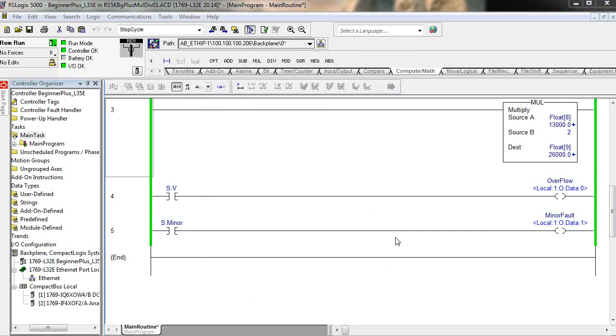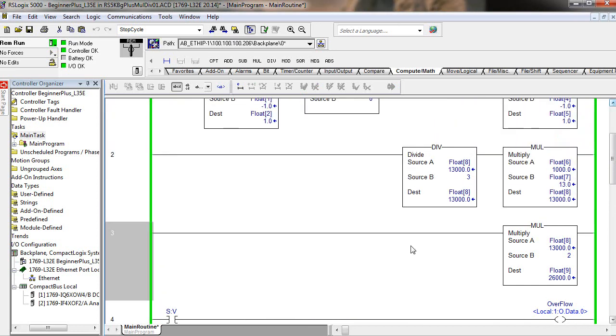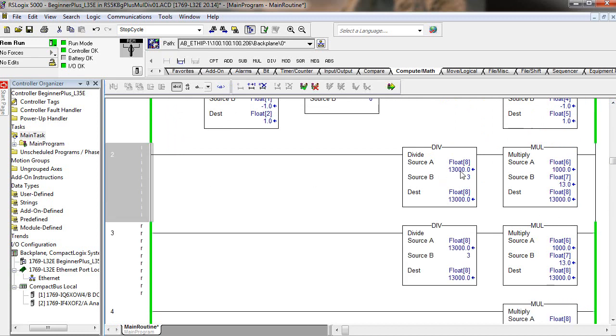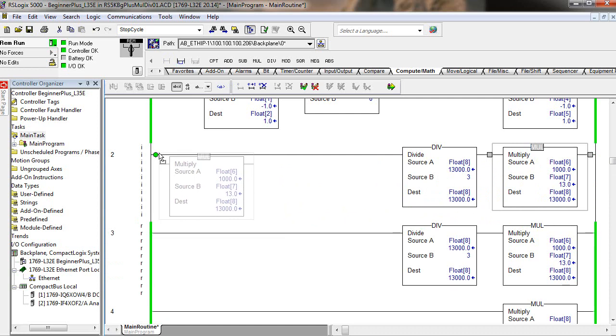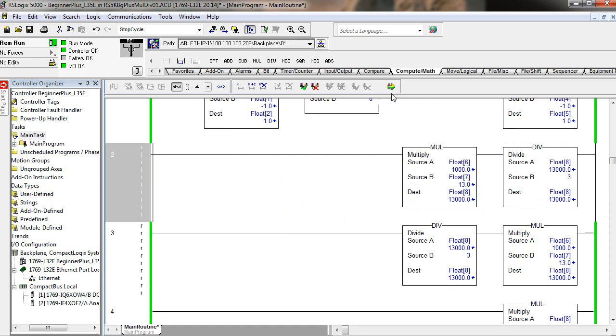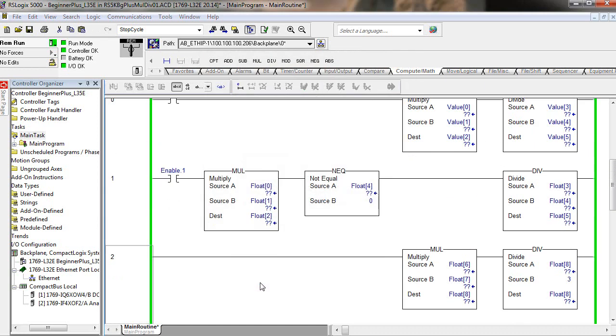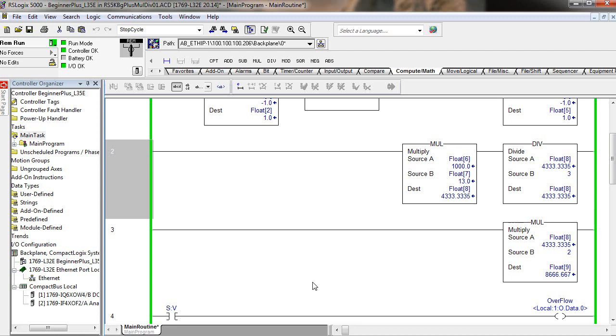Look at that. 26,000. Okay? And that's what you would expect. I mean, right here it's 13,000. Right now, let's swap these back around. Now look what you got.